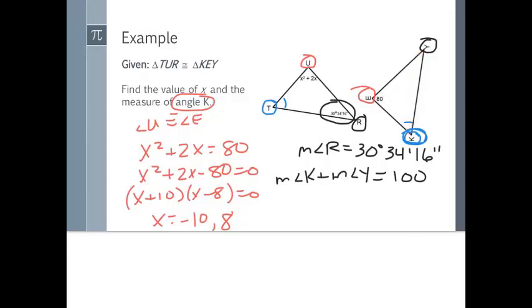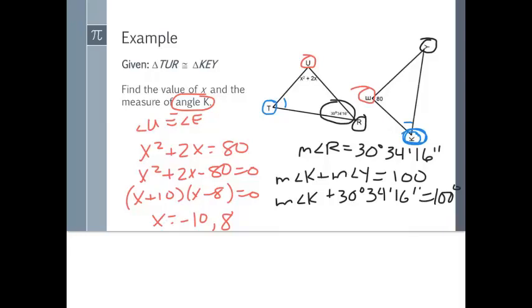Since Y and R are the same measure, I could really just substitute R for Y anytime I see it, right? So the measure of angle K plus 30 degrees, 34 minutes, 16 seconds is equal to 100 degrees.